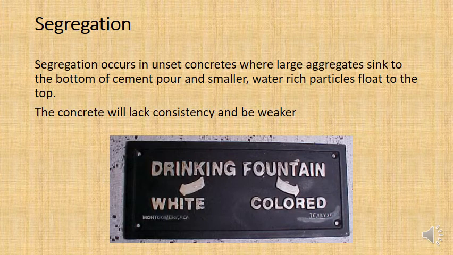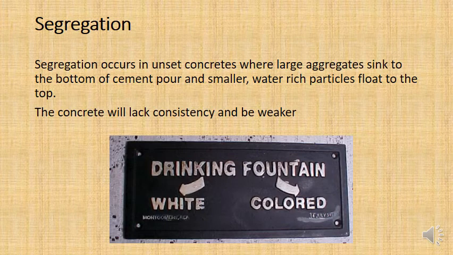And so you will end up with a concrete that has very low consistency. One part of the concrete will have a lot of aggregate and another part will have very little aggregate, and that makes the concrete weaker. It's a real big problem, and the way you know you've got segregation is when you do the slump test and the slump collapses.